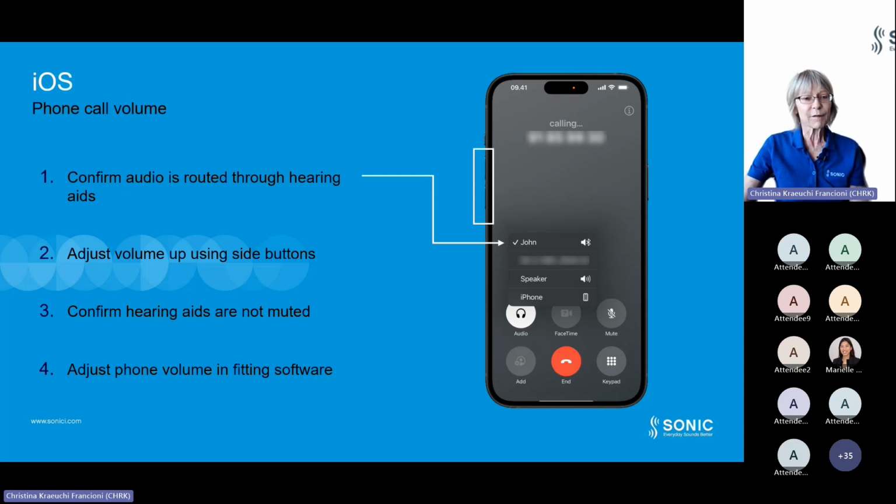The phone volume can also easily be adjusted in the fitting software, in the accessory menu in ExpressFit Pro for Radiant SC and previous instruments, or in the new Oasis Next for the A1 instrument.